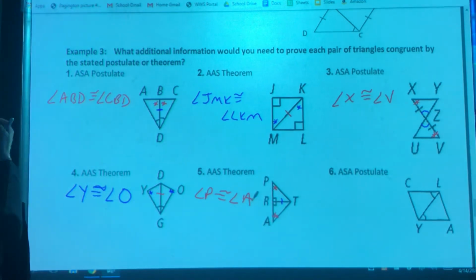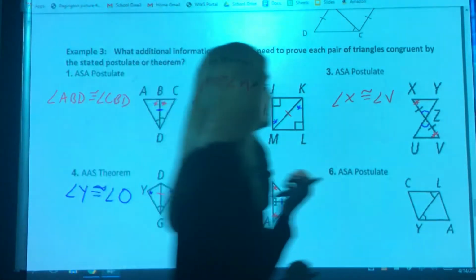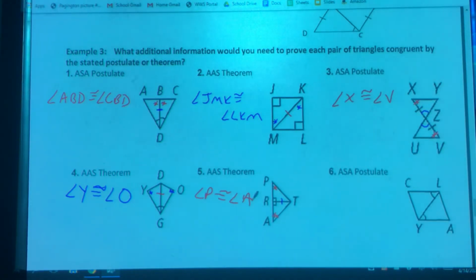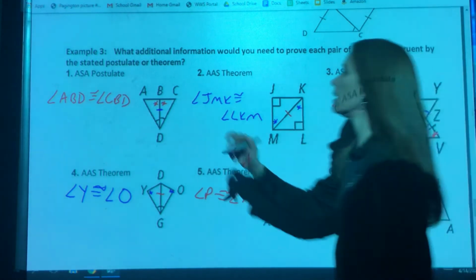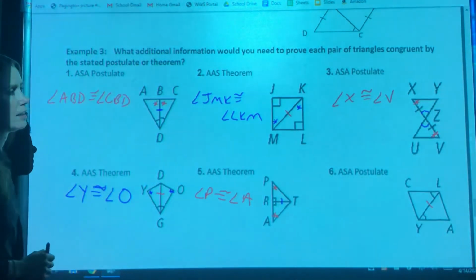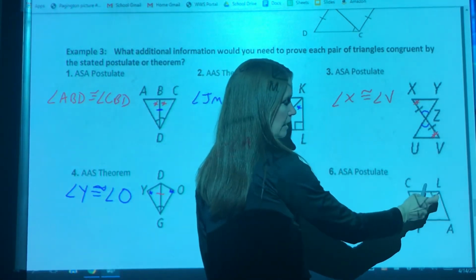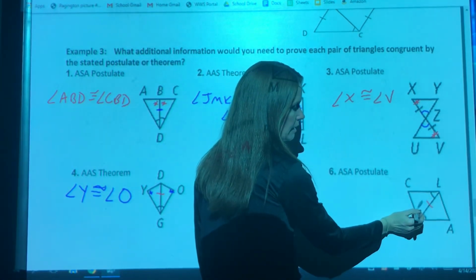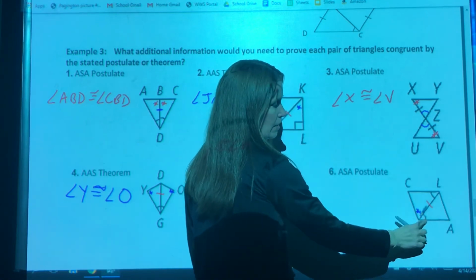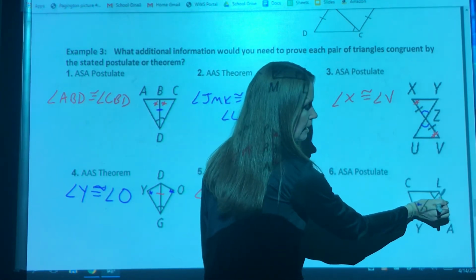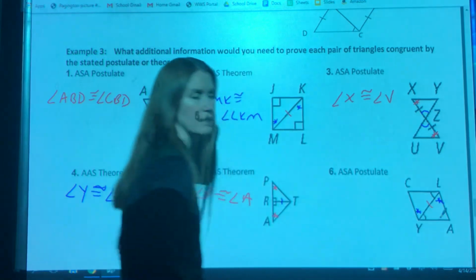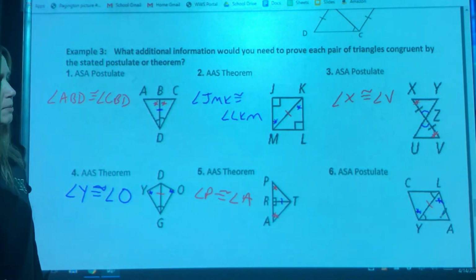All right, then number 6 is angle, side, angle. Again, first I'm going to look to see what else I know is congruent besides what is marked. I can see they share a side. And then again, if I want to do angle, side, angle, I've got an angle, I've got a side, I need another angle over here, so that side is the included side, the one right in the middle.